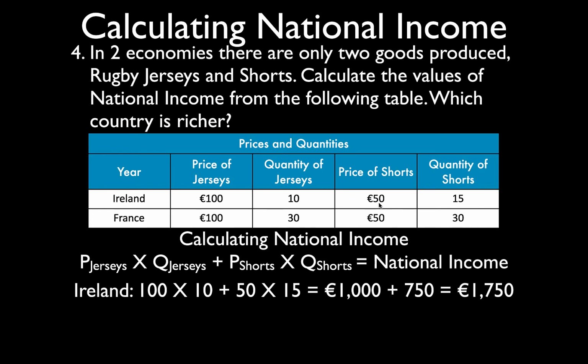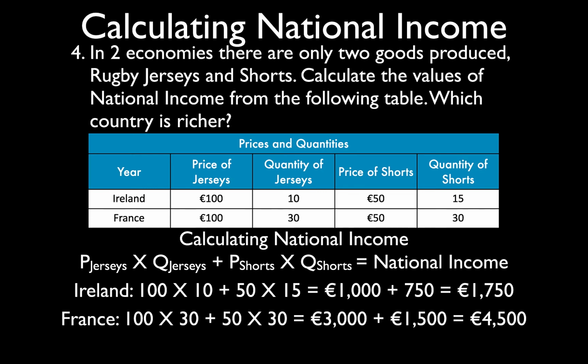Because they were sold at that, so they were valued at least at that. And therefore we have 50 times 15, which is 750. That €750 represents the total value that was added to the Irish economy from the production of shorts in that year. When we add these two numbers together, we get 1,750. That is national income for the Irish people in whatever year this is, okay?